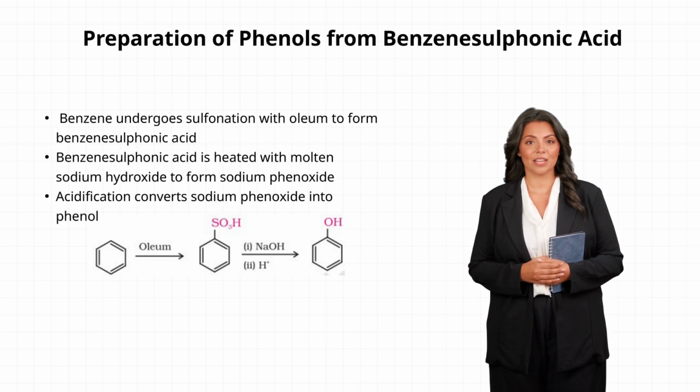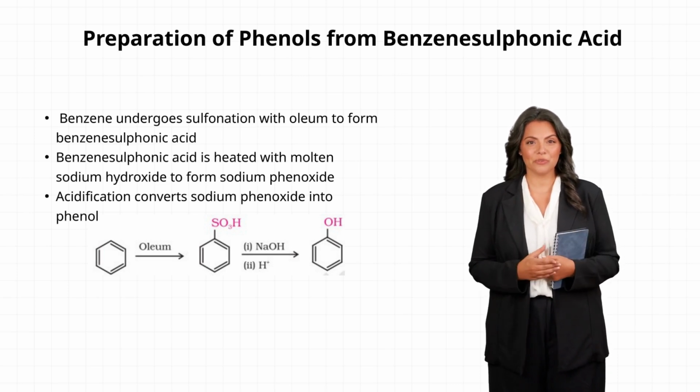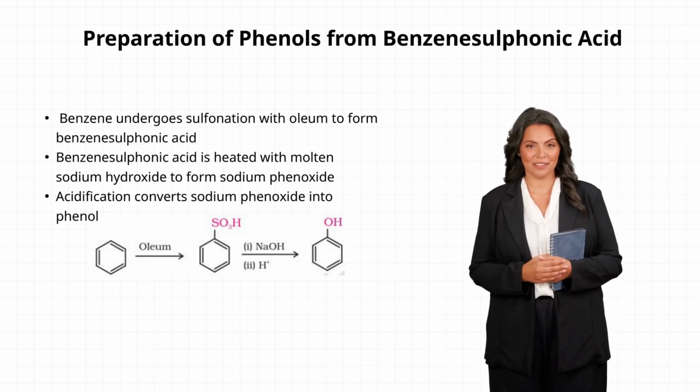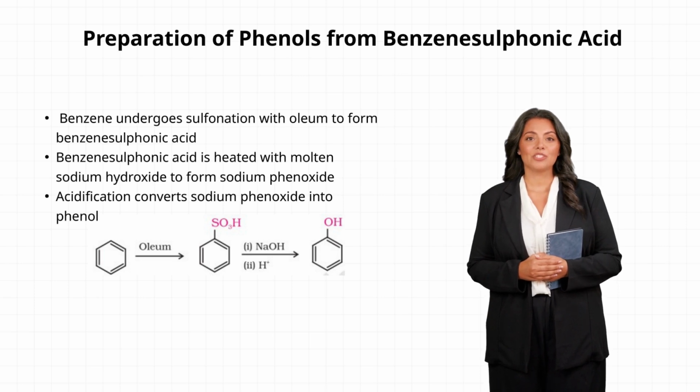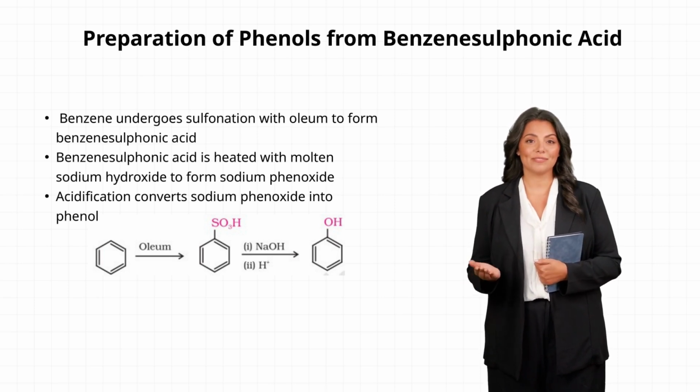This method is industrially and academically important as it allows us to convert hydrocarbons into useful phenol compounds. Are you imagining the sulfonic group stepping off and making way for hydroxyl in this transformation? It's chemistry at work, showing the power of functional group interchanges.